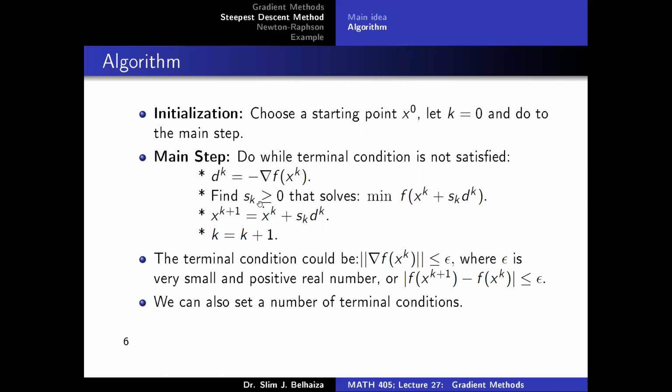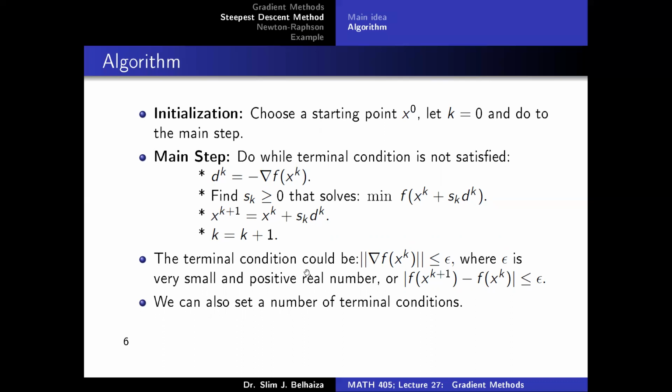We find sk, which is positive, that solves the minimization of f of xk plus sk times dk, which is now a unidimensional problem, which we call g of sk. We update xk plus 1 as xk plus sk times the direction dk, and we move on to the next iteration by updating k.